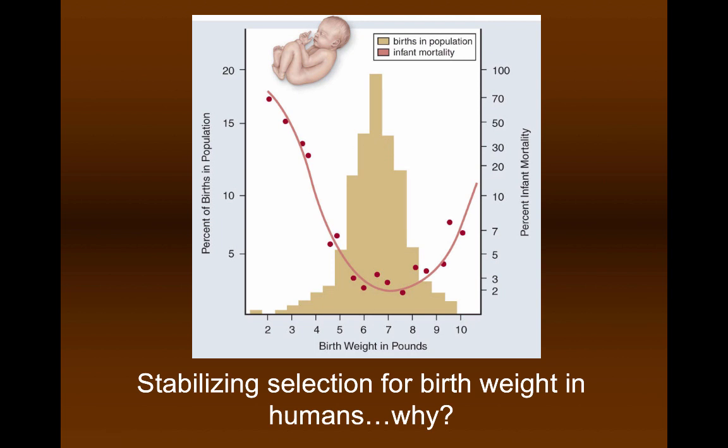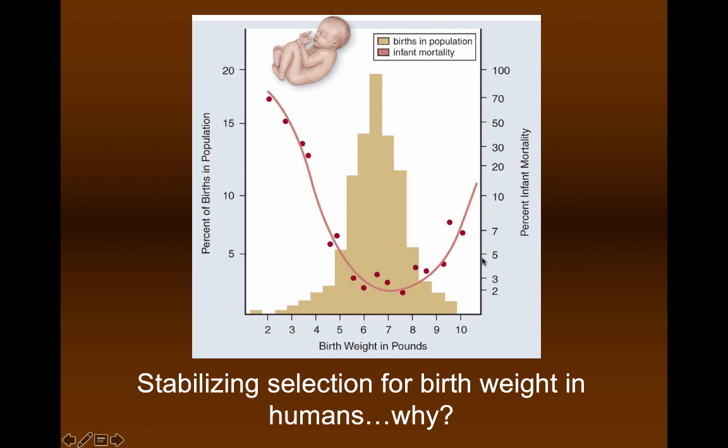Another thing to think about here is, okay, what would happen if we account for the incidence of C-sections in the population? What happens if those bigger 10 or 11 pound babies aren't so strongly selected against because of the labor and delivery process? If they're born surgically as opposed to naturally, then all of a sudden this percent mortality drops, and this curve actually shifts to the right a little bit.